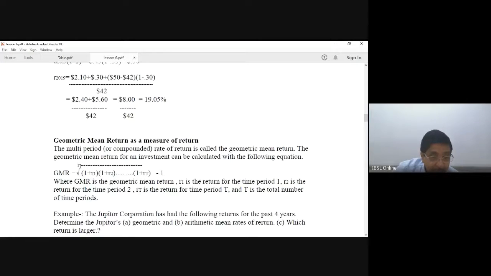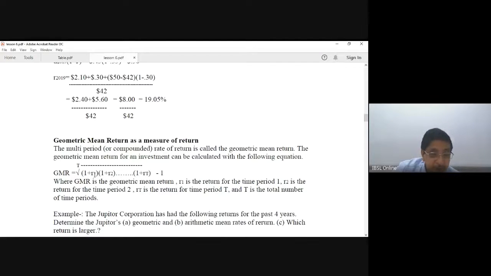We call it the T-th root. T is given here. 1 plus R1 into 1 plus R2 dots and 1 plus RT. And that's the multiplication of rates. So when you say multiplication, you have to add 1 for each rate and multiply.